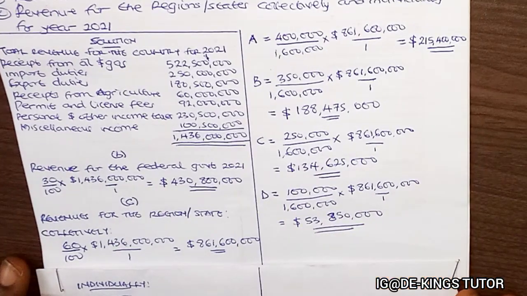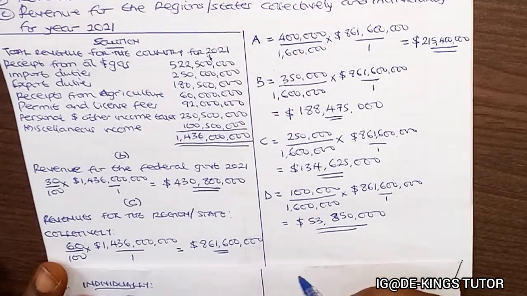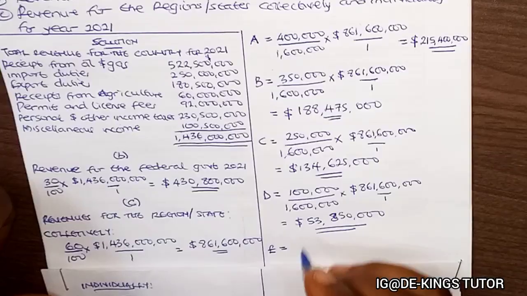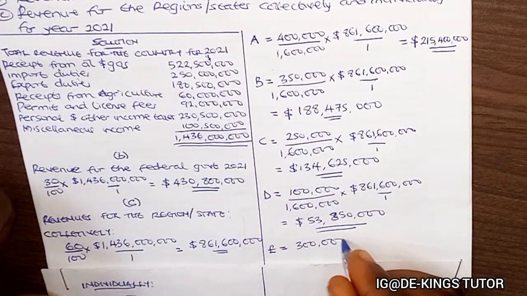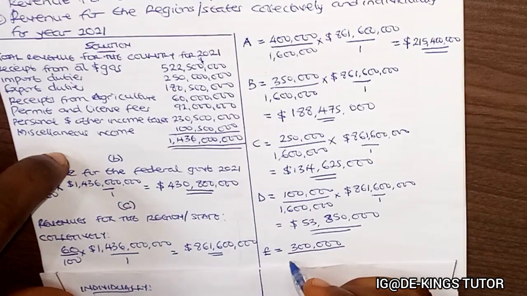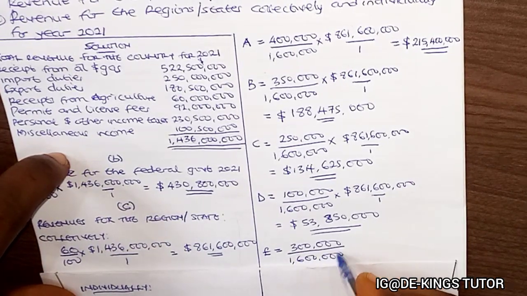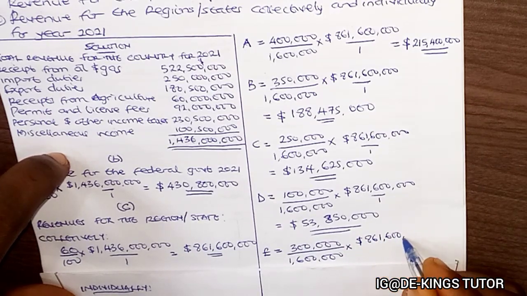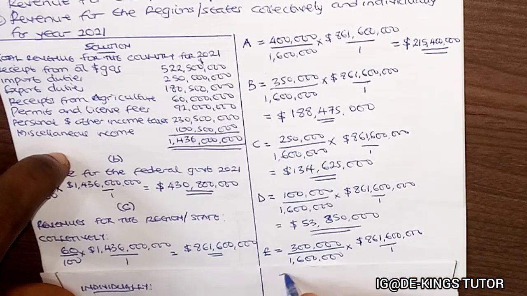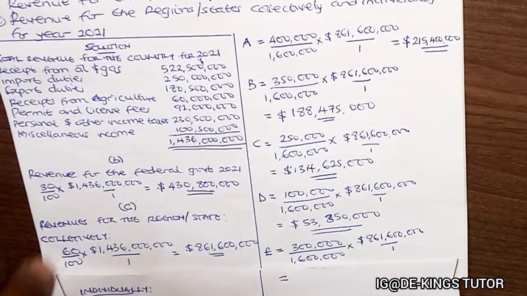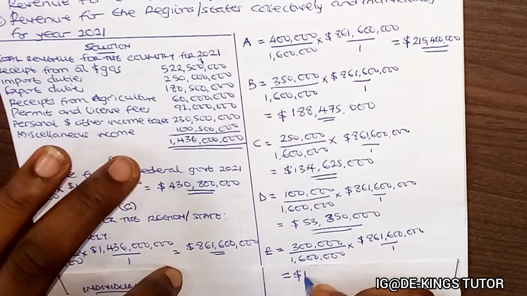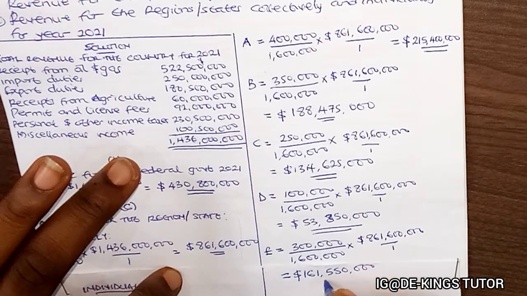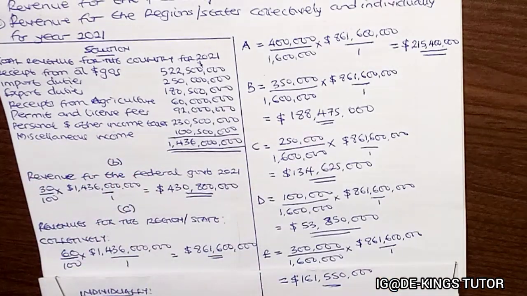That is for D. We will now have E, so I have 300,000 divided by 1,600,000 times 861,600,000. This will give us 161,550,000 from my calculator. That's for E.